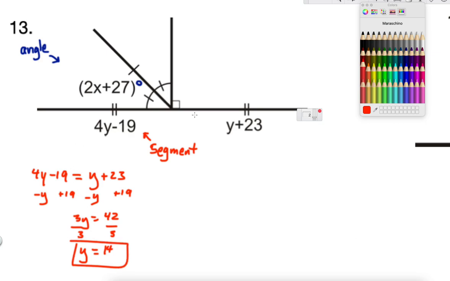I could substitute that back in. Let's see, 14 plus 23. So this side length right here would be 37. And then this one right here, 14 times 4 is... let's think about this. 4 times 14 is 56.